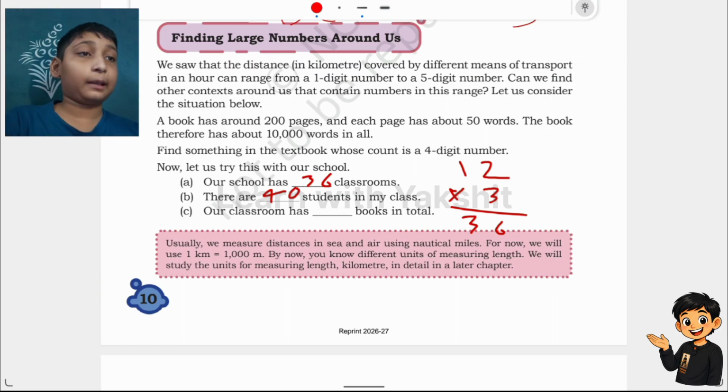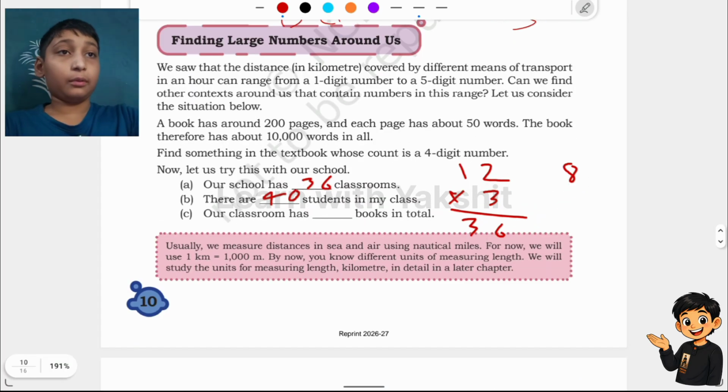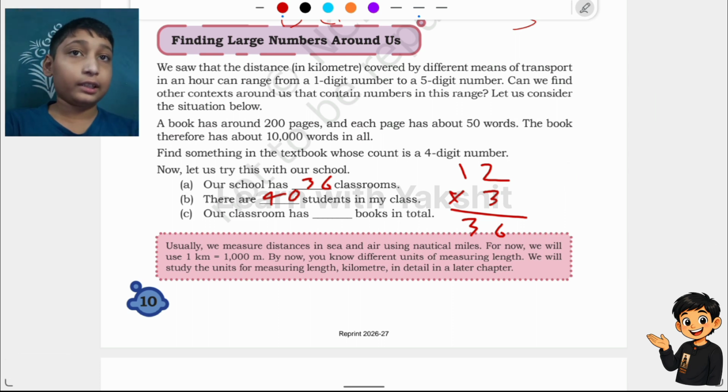Now, if we multiply 8 with our 40, no, I think it's reversed. Sorry, I accidentally gave you last video's things. So there's 40 and then multiply by 8.